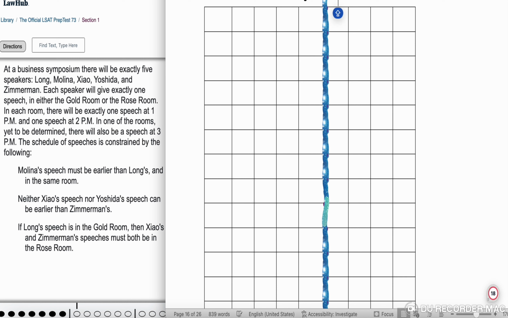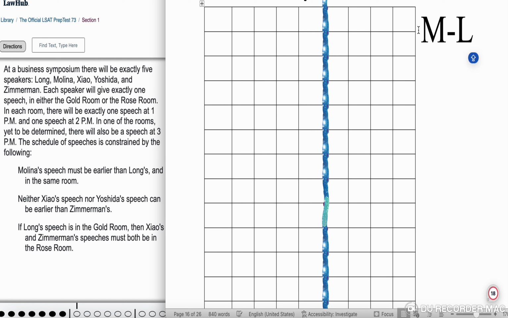In each room, there will be exactly one speech at 1 p.m. and one speech at 2 p.m. And in one of the rooms, yet to be determined, there will also be a speech at 3 p.m. The schedule of speeches is constrained by the following. M's speech must be earlier than L's and in the same room.